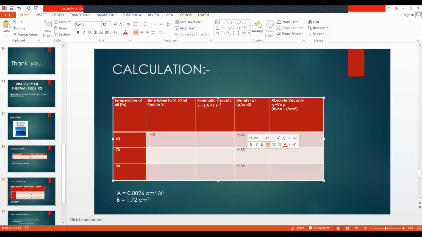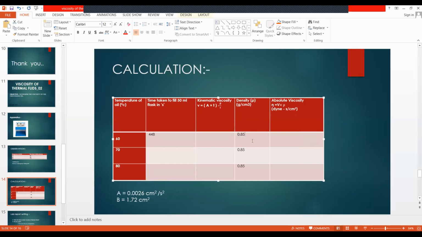Here we don't need to observe density deeply, because here we determine and analyze viscosity. We assume the density remains the same, because used oil has dirt particles and wearing metal particles mixed with it, so there will be a small difference in density.